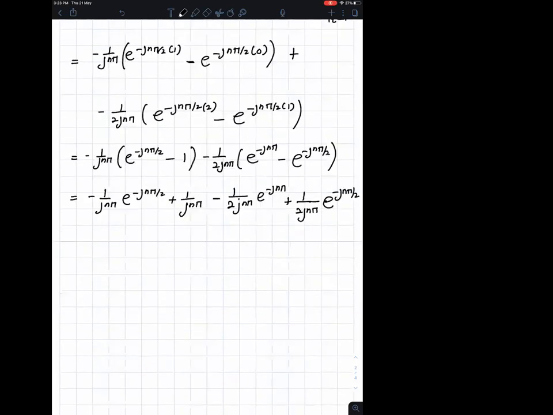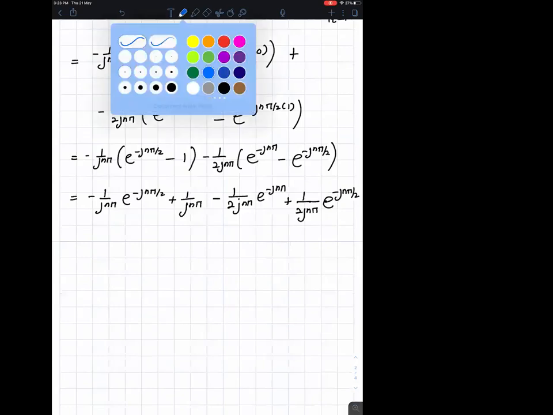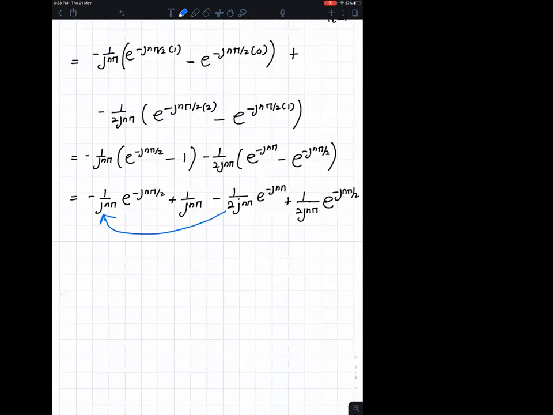So for this part here, you can combine these two. Sorry, you cannot combine those two. You can combine perhaps these two because they have the same exponent.